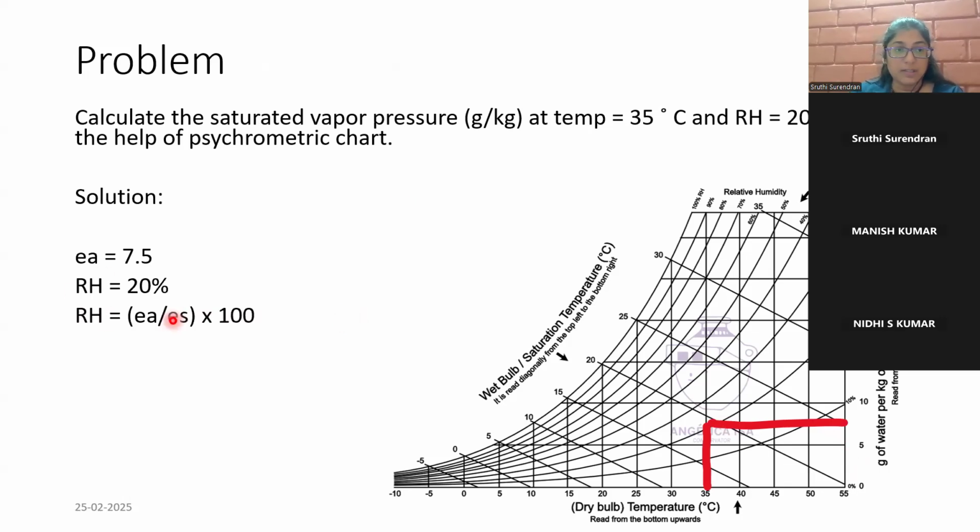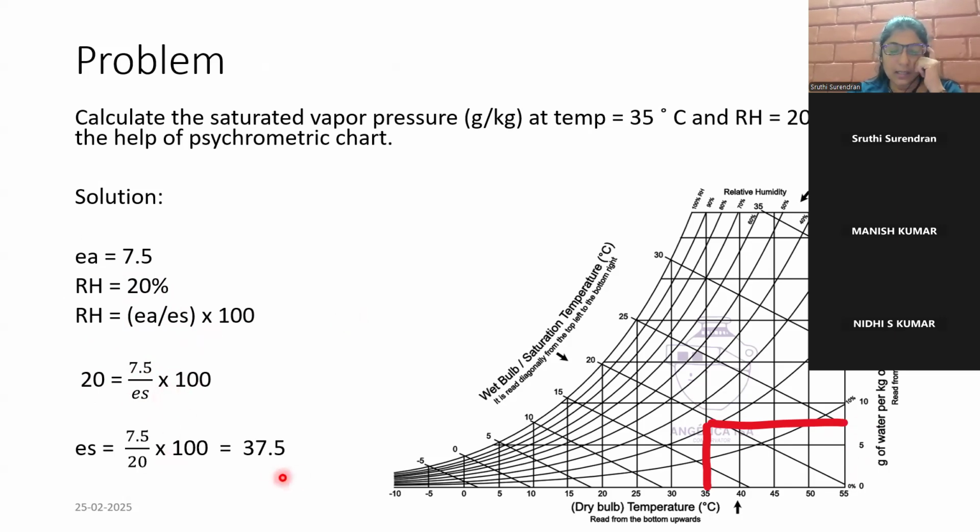For this equation, EA by ES into 100, we found the actual vapor pressure, which is 7.5 grams per kilogram. What we need to find is ES. We have the relative humidity. So if the relative humidity is 20, EA is 7.5, and ES is unknown, we can solve it for ES and we get around 37.5.